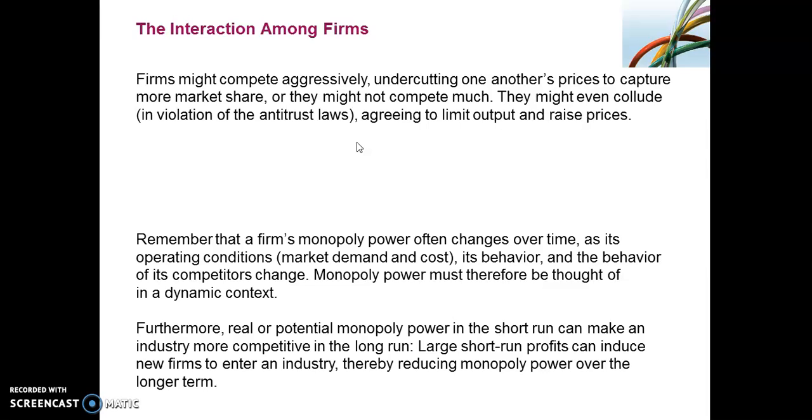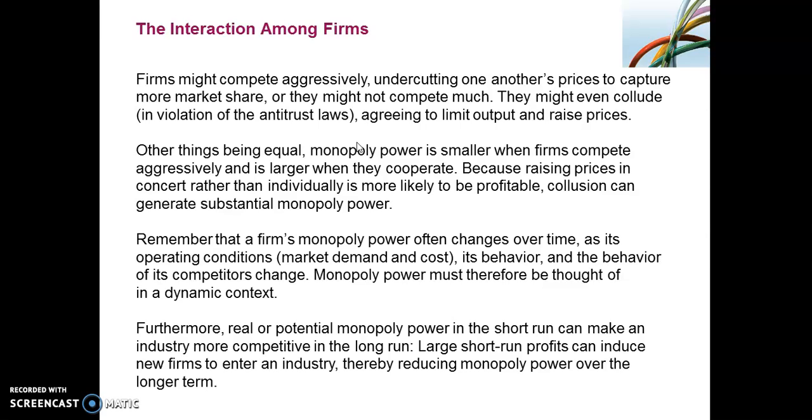Also, in terms of real or potential monopoly power in the short run, remember if firms make those large short run profits, it tends to induce new firms to enter the industry and thereby it reduces the monopoly power over the longer term. So, real or potential monopoly power in the short run can, in fact, make an industry more competitive in the long run.